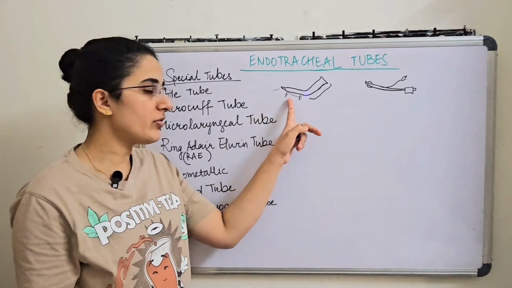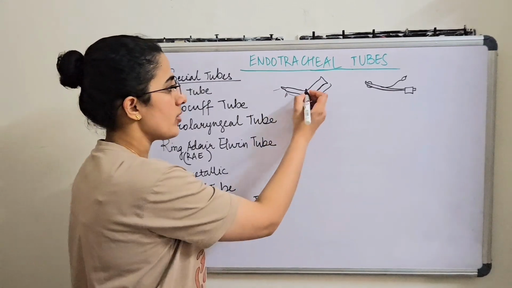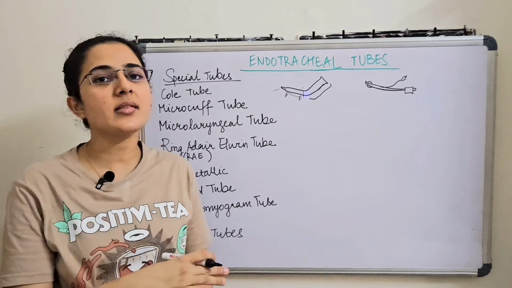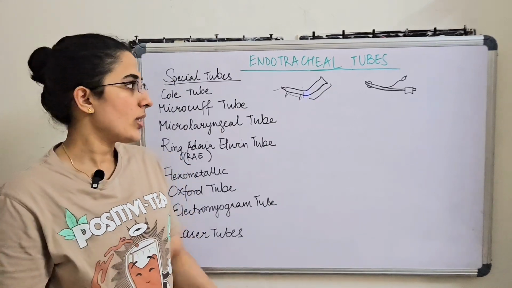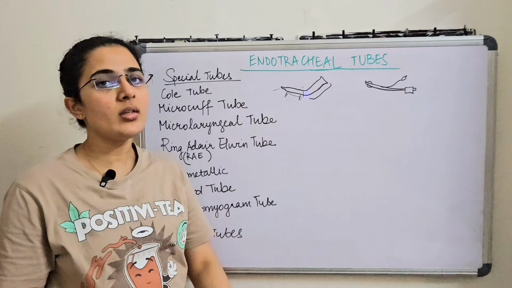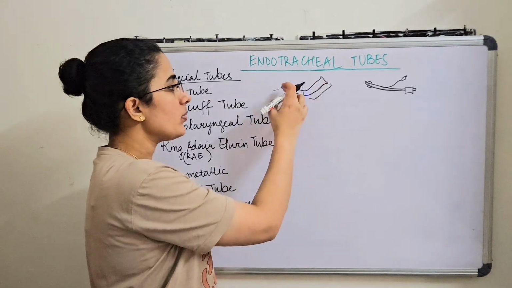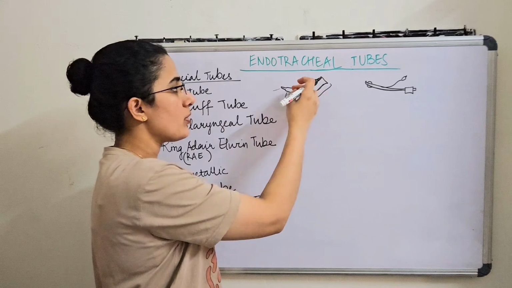This one is an uncuffed tube, and the shoulder present on the bend will prevent further insertion inwards. This is actually used for neonatal resuscitation. This preformed tube cannot be pushed downwards.